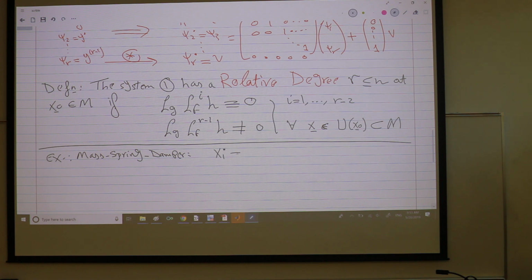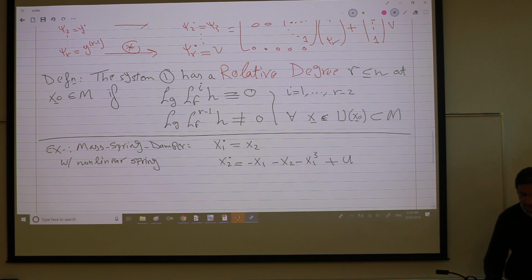The position dot is the velocity, the second state, the velocity dot is the acceleration. Here is the spring force with unit spring, unit mass, the damping force, unit damping coefficient, unit mass. And I will add a nonlinear spring term. There is your force, okay? If you have a question, please stop me.